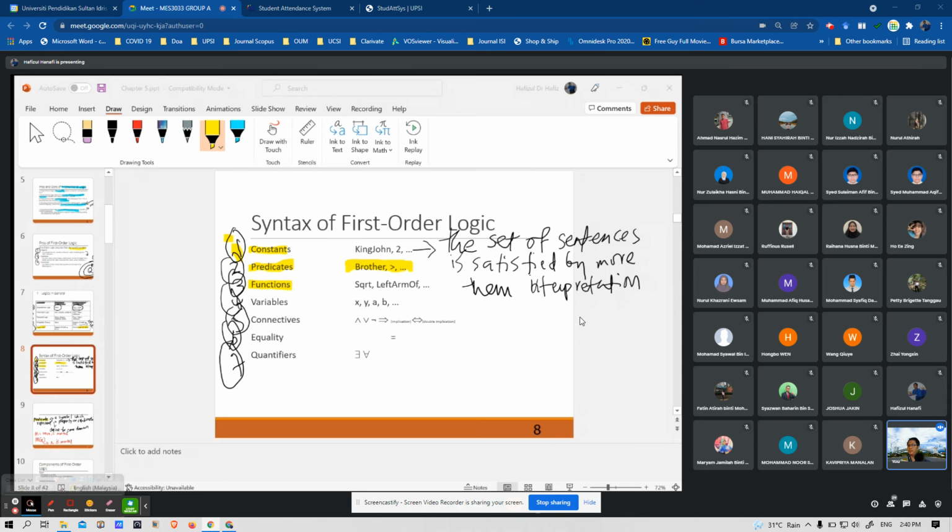For example, we have square root, we have left arm of. You need to have the consequences or equivalences for the function. Basically, the function is the identity of the symbols.